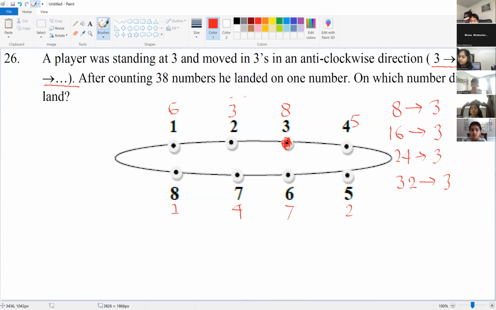And then 8, so it's 40. So now he is at 3, and we need to go 38, which means we have to go 6 times, right? Yeah, so the 6th number is 1. Do you understand, Arjun?